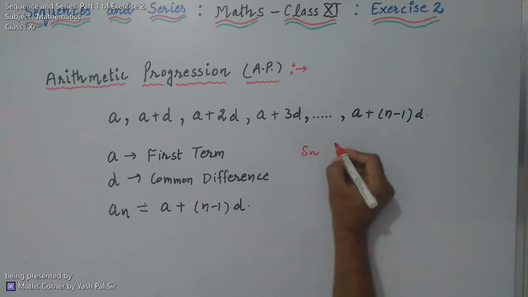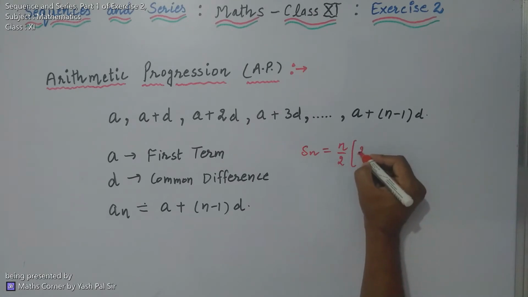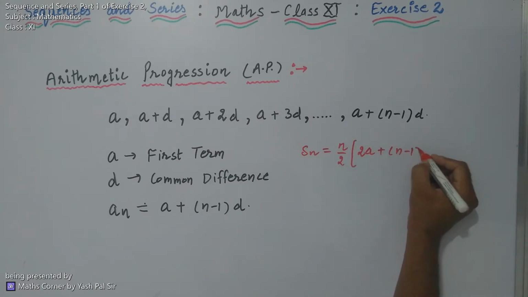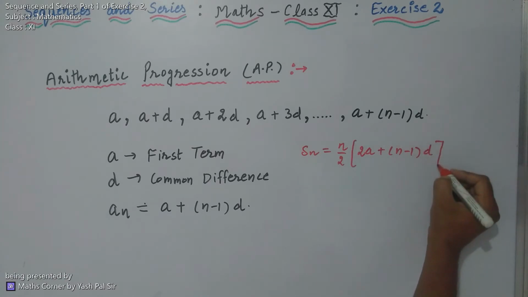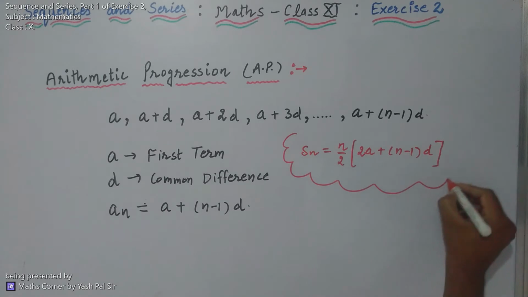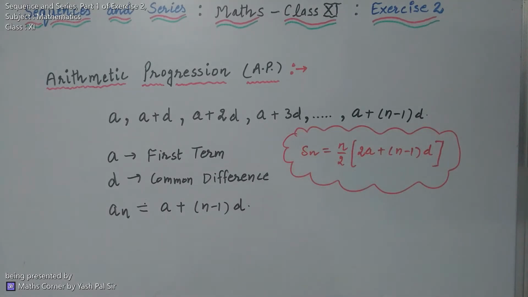Sn. The formula is Sn is equal to n by 2 into 2a plus n minus 1 into d. So this is the formula to calculate the sum of the first n terms of an AP.